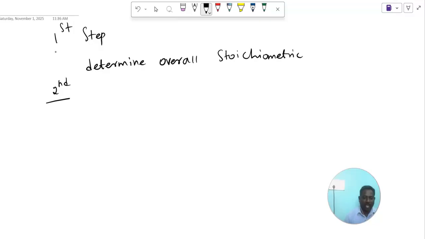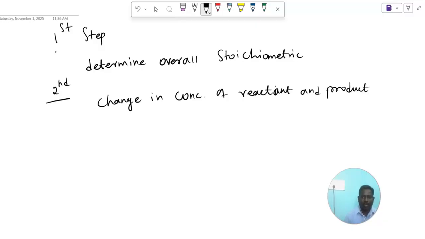Second step is studying the change in concentration of the reactant and product, since we are dealing with kinetics. This is the change in concentration of reactant and product with respect to time. So these are all the steps involved in studying kinetic reactions.